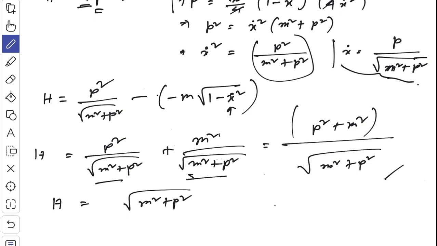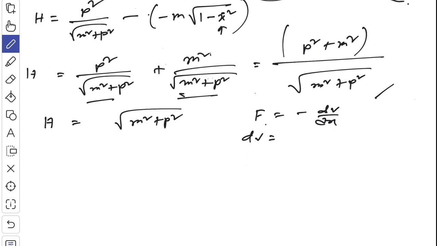So you get this. So here you see, the potential was not given. Here we know that F is equal to minus dV by dx, isn't it? So here dV will be minus F dx.